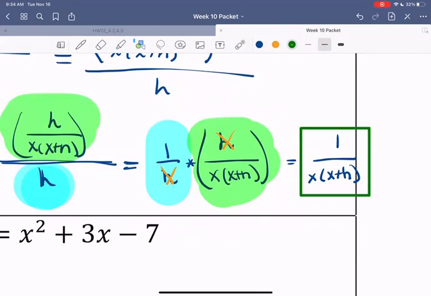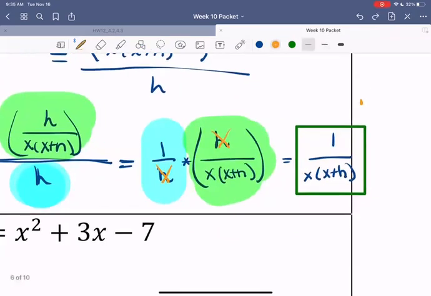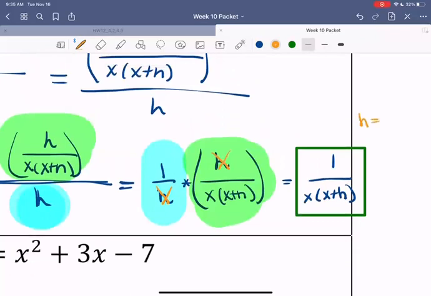And again, we're seeing that if we plugged in h equals 0, that would make 1 over x times x plus 0, which would be 1 over x squared. So check, we are able to plug in h equals 0, which confirms that we have simplified enough.